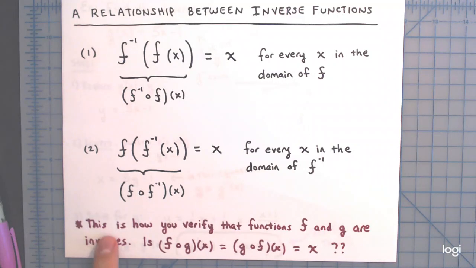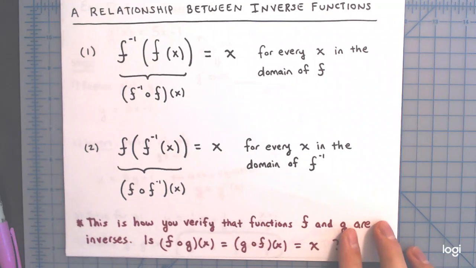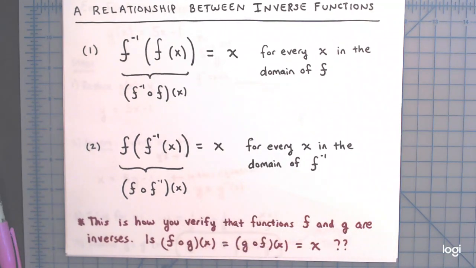Okay, so this is how you verify that functions f and g, or f and f inverse, are inverses. Compose them in one order, compose them in the other order, and do you get the value of just x? Do you get the input that you started with? Just x both times. And this is actually one of those few cases where the order that you compose in will give you the same result.